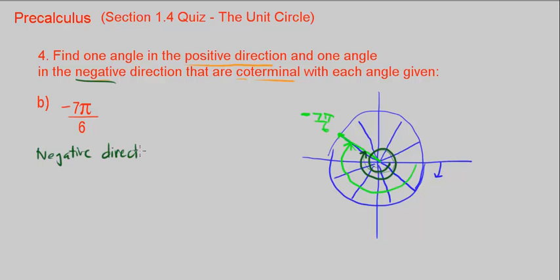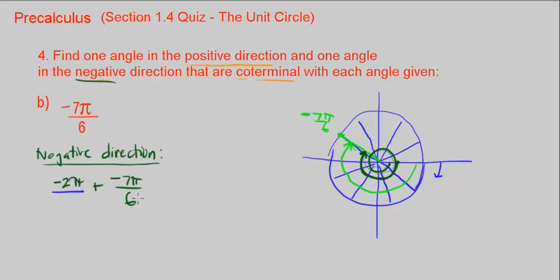And to do that, so negative direction, when we loop around once, it's going to be negative 2 pi, because looping around the whole circle is negative 2 pi, right? We're in the negative direction. And then once we loop around once, we're going to go an additional negative 7 pi over 6. So add negative 7 pi over 6. So just add these two together and you're going to get the negative direction coterminal angle.